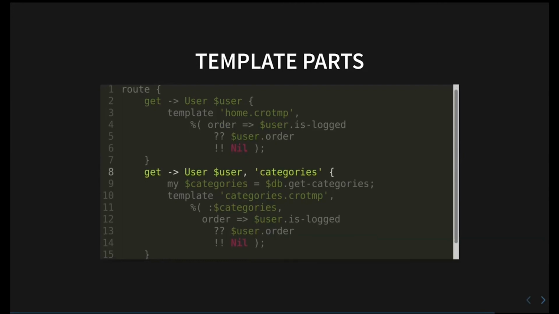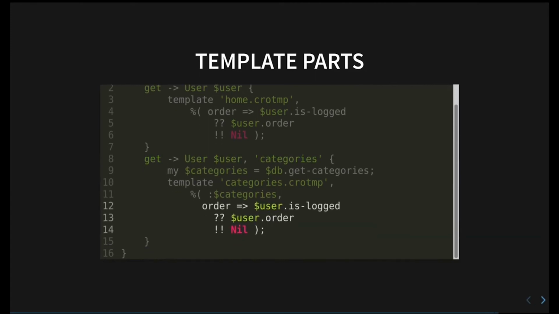In our second route for the page categories, we trivially get our list of categories from the database and then call the template subroutine with an appropriate template. But here we also have to add the user authentication object and then retrieve the order to pass to the template. If we have two such routes, that's fine, but if two dozen and they are not as simple, it's time for action.